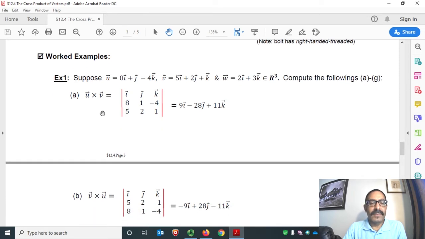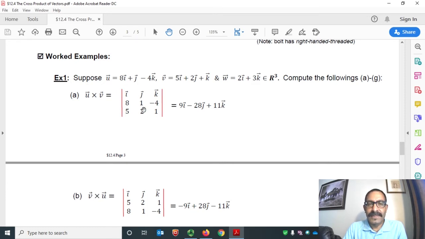First part, find the cross product U cross V. By definition we define the cross product using the 3 by 3 determinant. So the solution is: first put i, j, k in the first row, in the second row put the components of U, and in the third row the components of V.